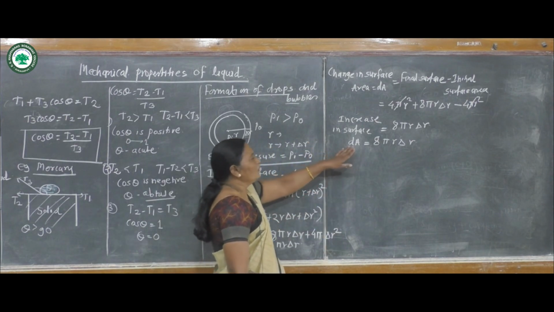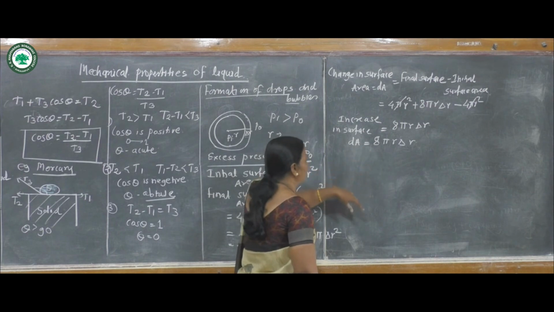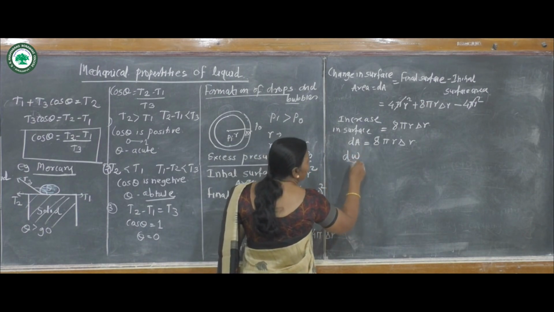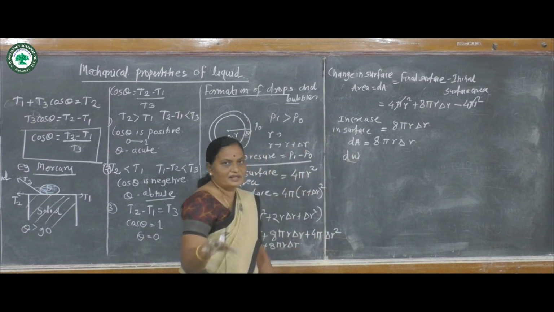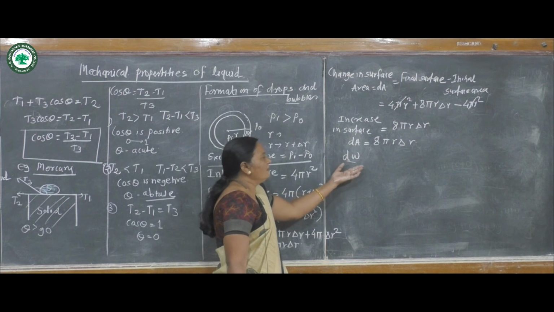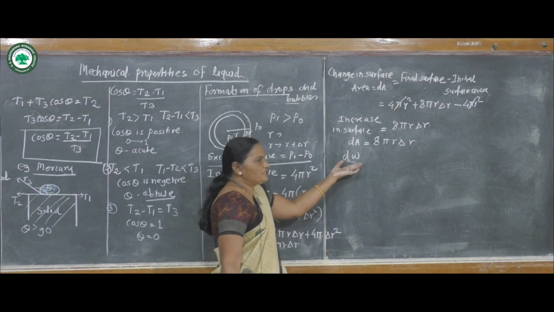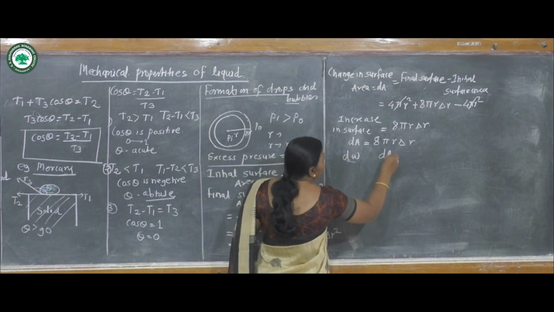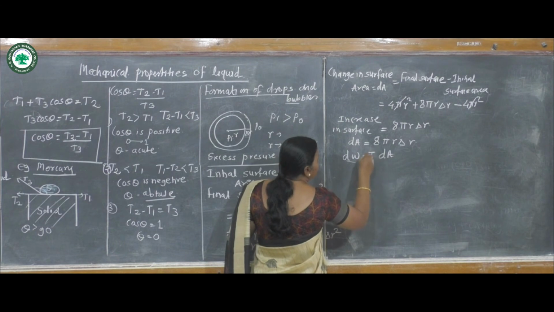Now see, we have the definition of surface tension. Suppose dW is the work done. This work done is stored as potential energy in the case of the liquid surface, or in an elastic membrane. dA is the increase in area and T is the surface tension.